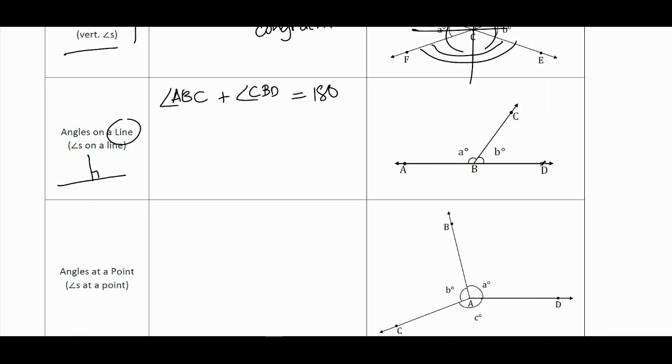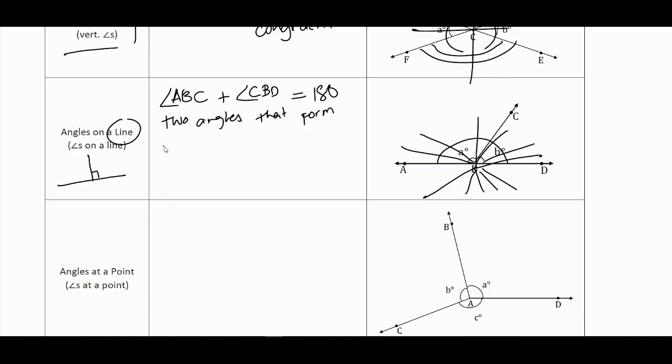So it should be a straight line. It doesn't matter where the direction of the other line is, even though it goes here as well. As long as it forms 180 degrees, that's an angle on a line. So it means two angles that form a 180-degree measurement.